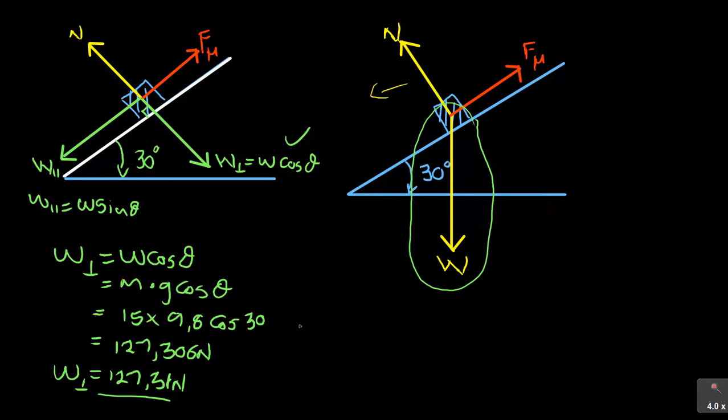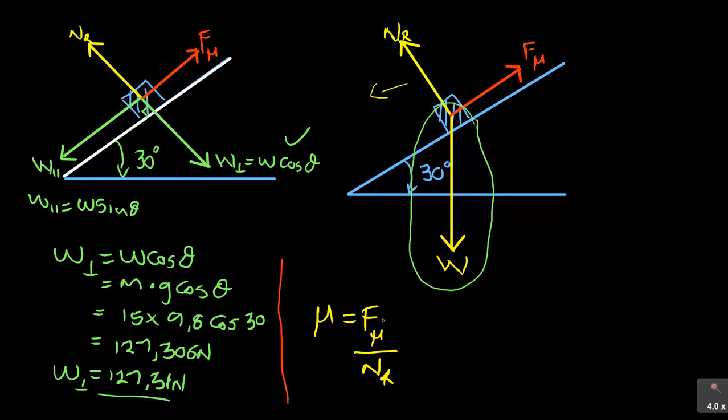So if I can come here and write mu is equal to friction over NR, meaning the normal reaction.